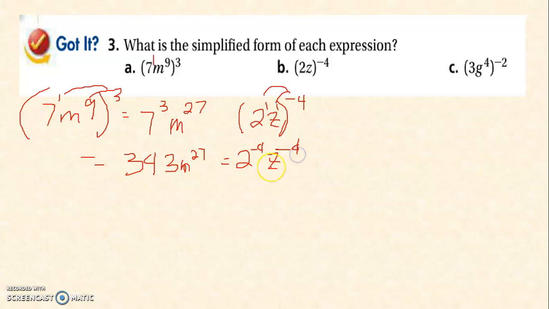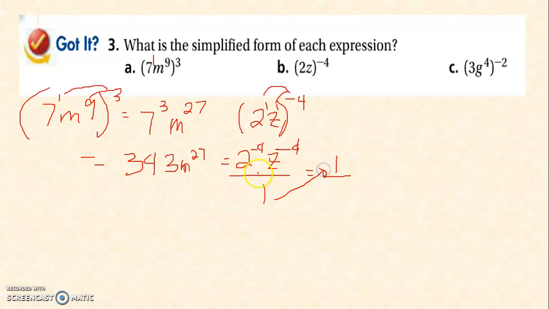Try to observe. The exponent of 2, I should say, is negative. The same as with z. The exponent is also negative. So what should we do? We need to rewrite the number so that the exponent will become positive. So what is the denominator here? It is 1. Following the rules of negative exponent, you need to write 1 on top.